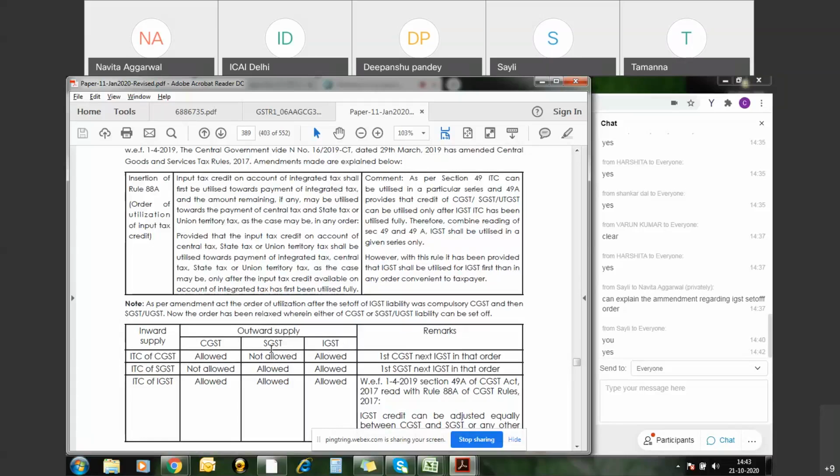So to set off SGST outward liability and IGST, the order is given: first SGST, next is IGST. Then IGST is allowed to be settled off for all the three categories of outward liability.